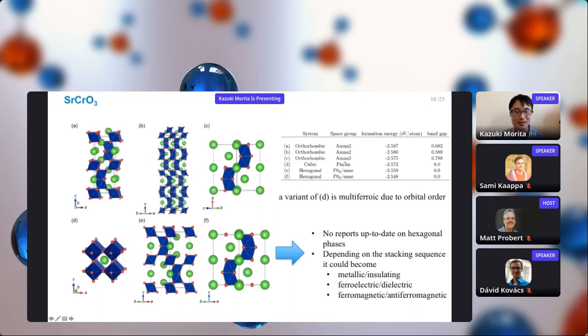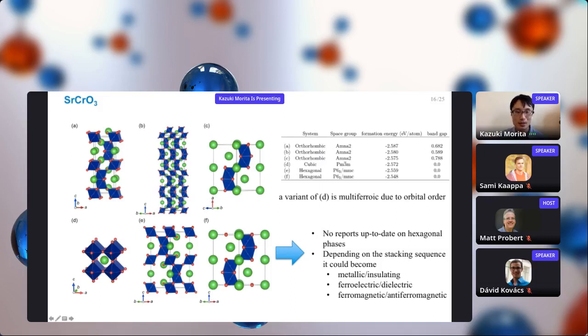Experimentally, I think this is not cubic, but rather temperature-averaged cubic. If you see a snapshot of this material, it's probably distorted, but the connectivity of octahedra is fully point shared. And these hexagonal ones haven't been reported to date.